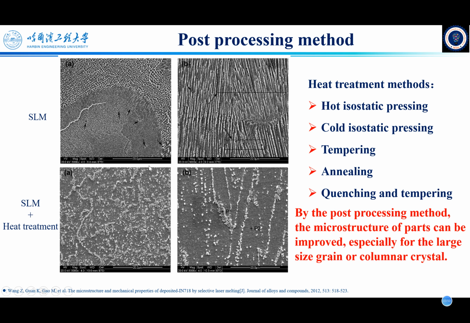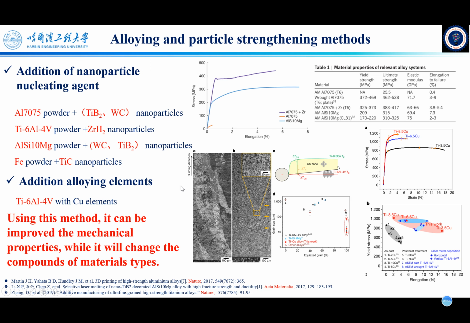By most post-processing methods, the microstructure of parts can be improved, especially for the large grain or columnar crystal.